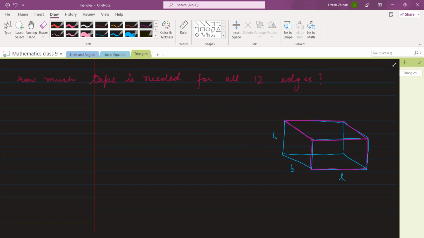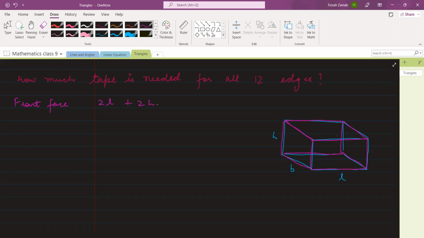Yes, ma'am. Okay, so this purple is your tape basically, if you can see that. So this is simple. One front face, if you see, front face means this is L and this is L, right? The top is also L. And then this is H and this is H. So 2L plus 2H.